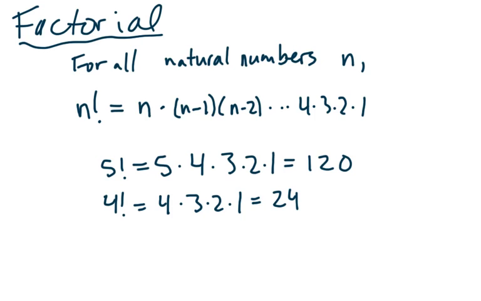One of the things that you might want to notice is that 4 times 3 times 2 times 1, that's 4 factorial, right? So when you see 4 times 3 times 2 times 1, you should be able to think, hey, that's 4 factorial. For example, up here, 5 factorial is 5 times, wait for it, 4 times 3 times 2 times 1. What is 4 times 3 times 2 times 1?